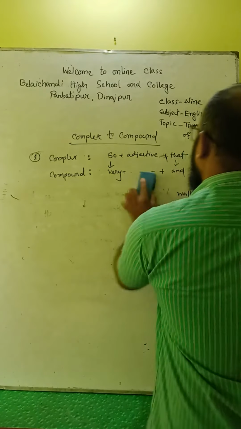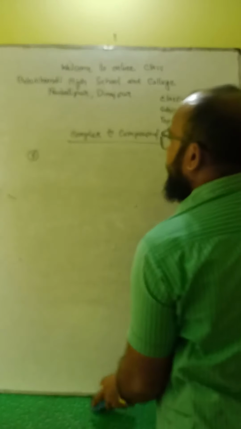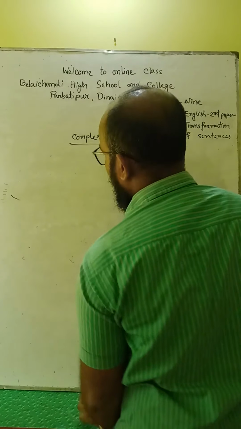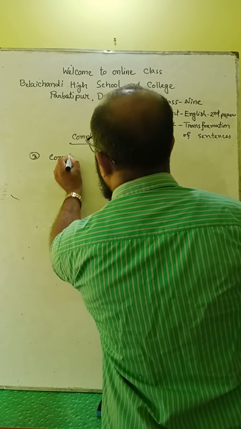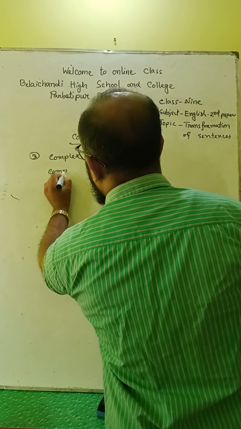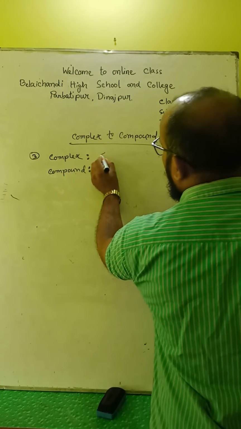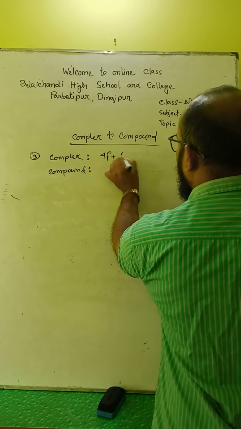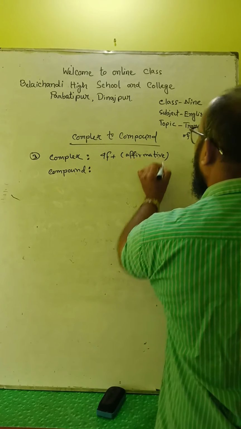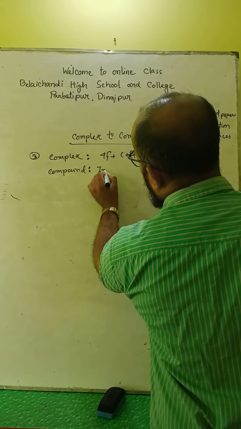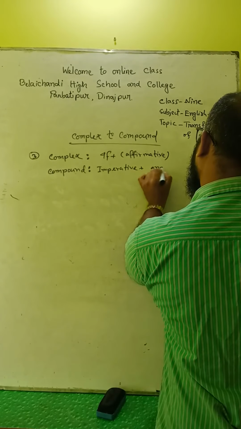And we are going to the next rule. Three, complex to compound: if plus affirmative, imperative plus and.